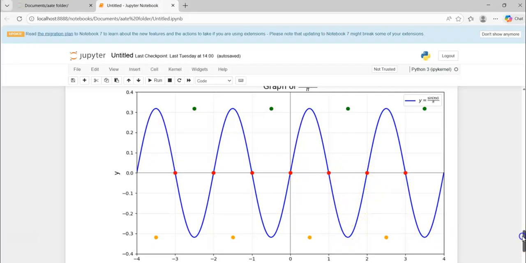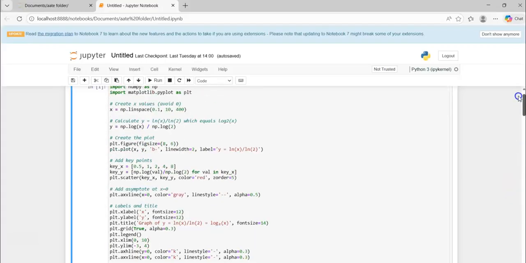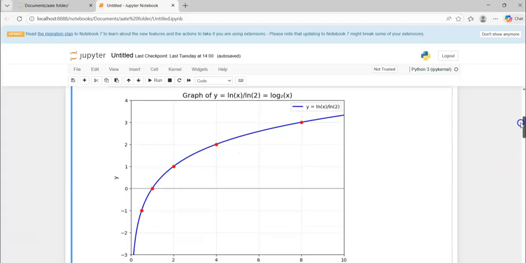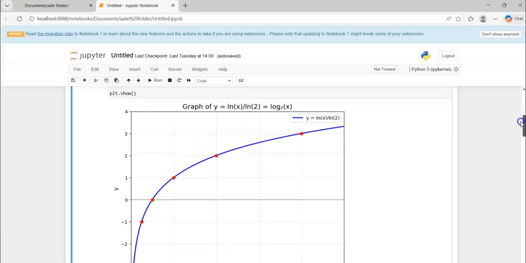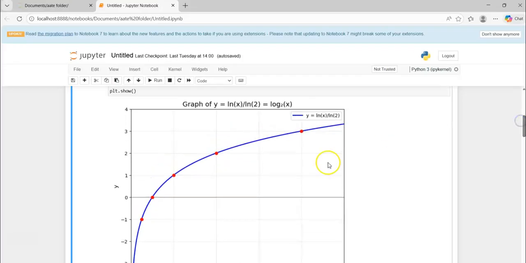And let's check for the ln. I did it here. See, for ln, this is how it looks like. This is the visualization of it, right? Okay, so now let's go back to the question.